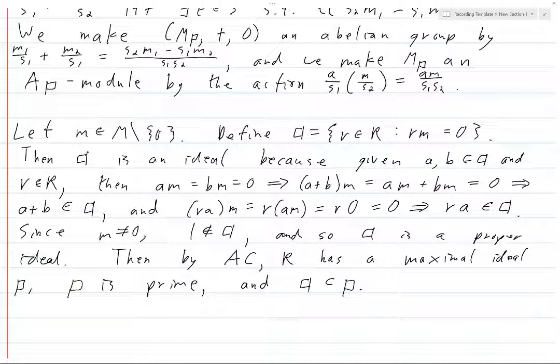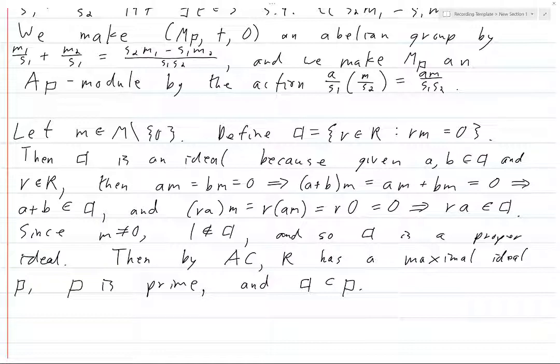We want to find a prime ideal such that phi p applied to m is non-zero, and this is going to be the one to use. This is something you should think to try at first, because in general you don't know what prime ideals of rings look like. They could be really weird, especially since the problem's not asking you to prove that every prime ideal P is such that phi p of m is non-zero.